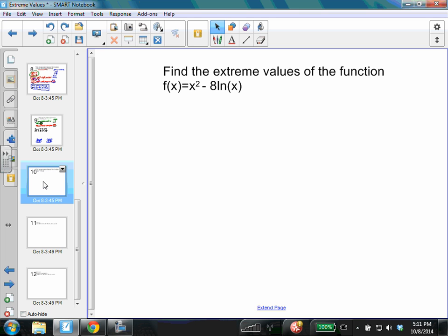Okay, so let's check this function. So we want to find the extreme values for f of x is equal to x squared minus 8 times the natural log of x.